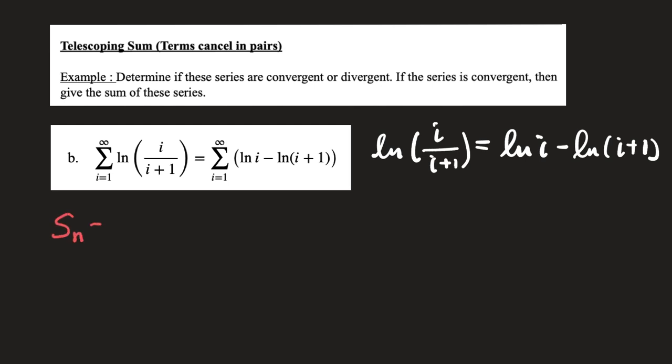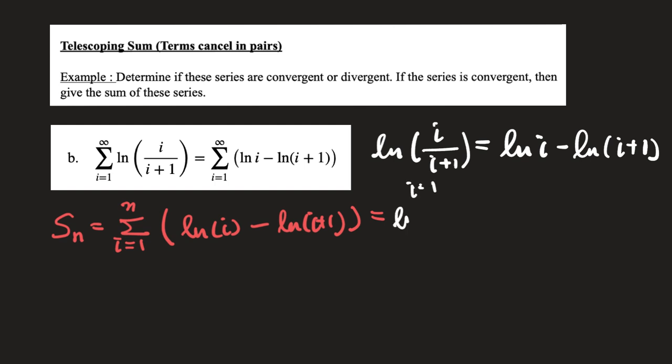Sn means the summation i equal 1 to n, where each term looks like ln i minus ln of i plus 1. So we're going to find each term from the sigma. For i equal 1, ln 1 minus ln 2. For i equal 2, ln 2 minus ln 3.